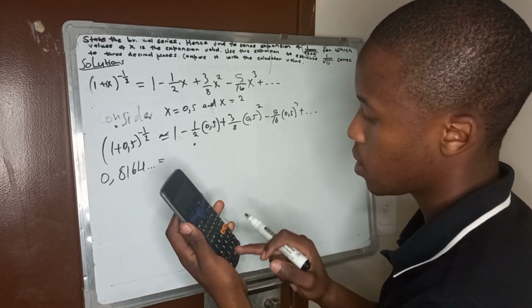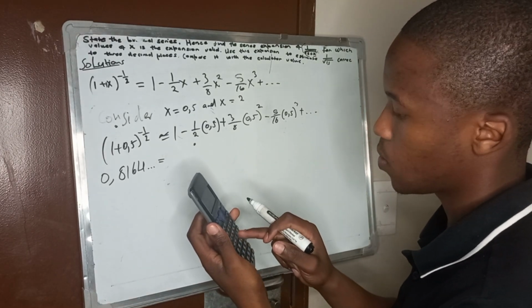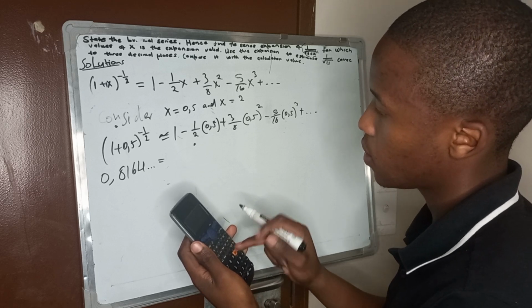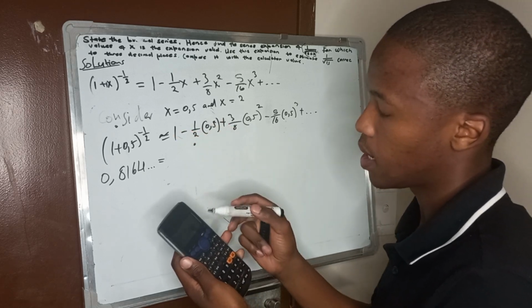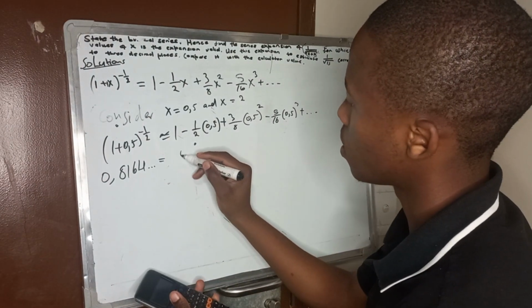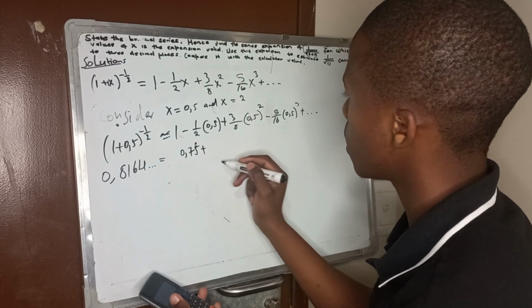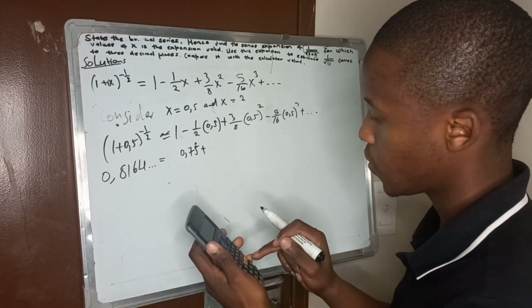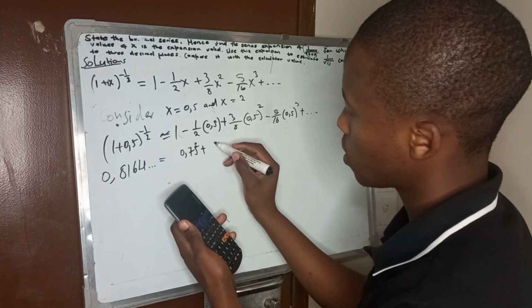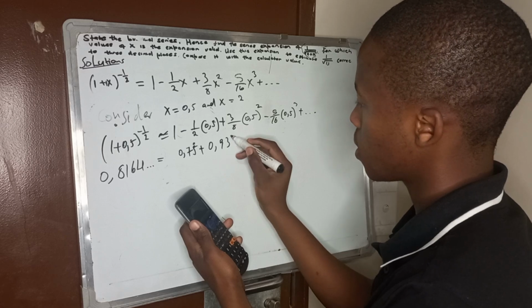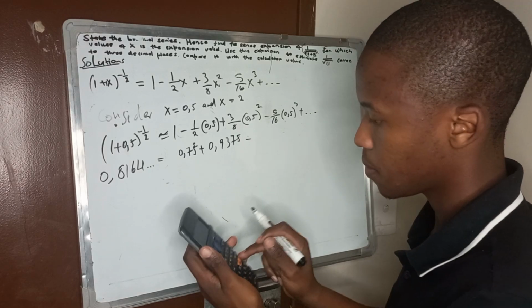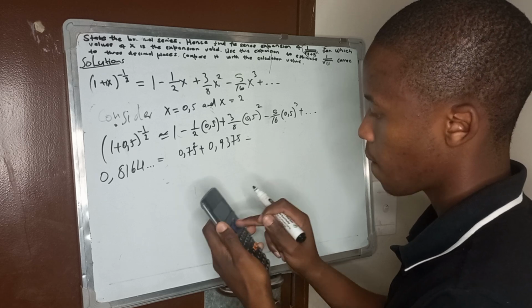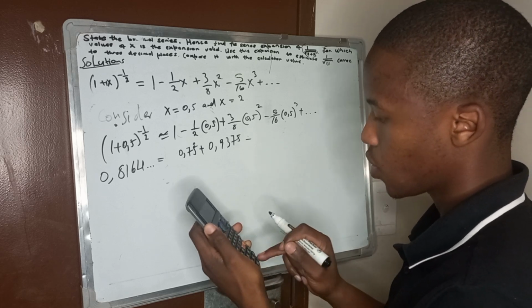So let's say 1 minus 1/2 into 0.5. When I say 1 minus this, I get 0.5, 0.75 plus 3/8 into 0.5 squared, I get 0.9375 minus 5/16 into 0.5 cubed.